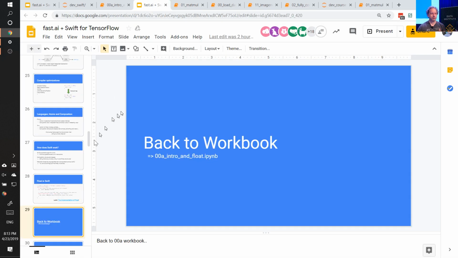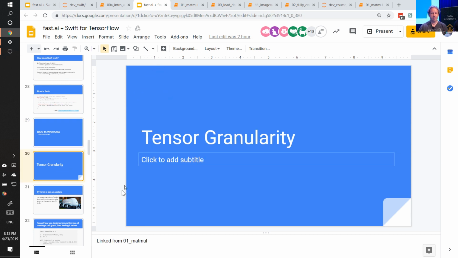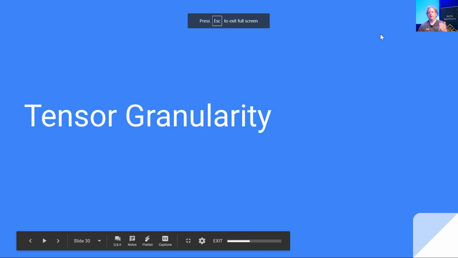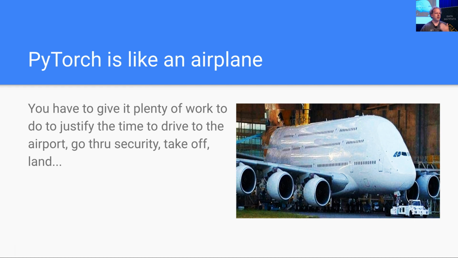This is where we are now, and it's a temporary situation that we're fixing. So let me explain what's going on and how it's being fixed. The first thing to point out is that when you work with PyTorch, we have a similar issue.